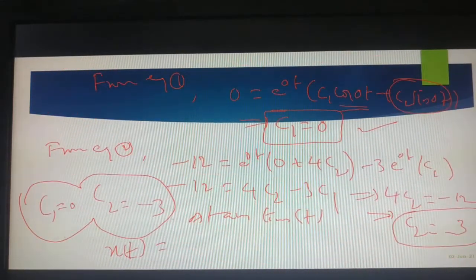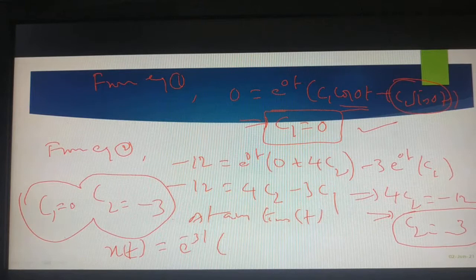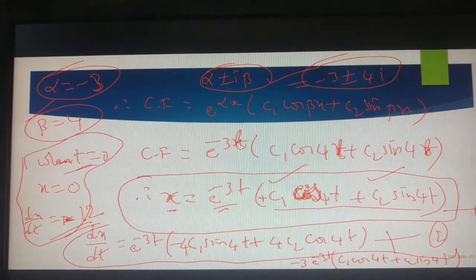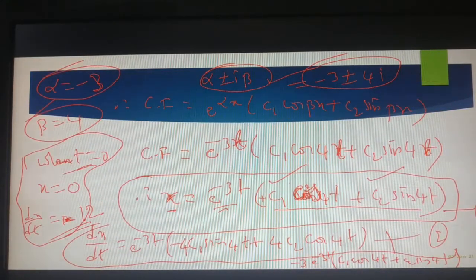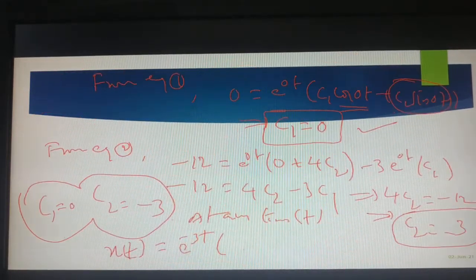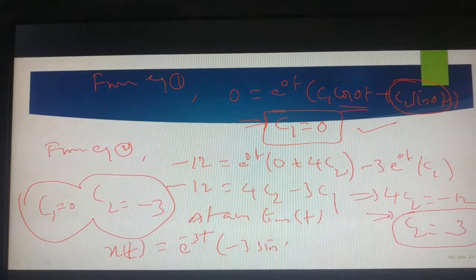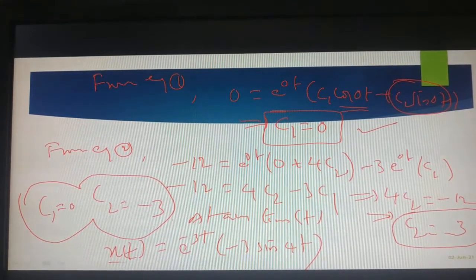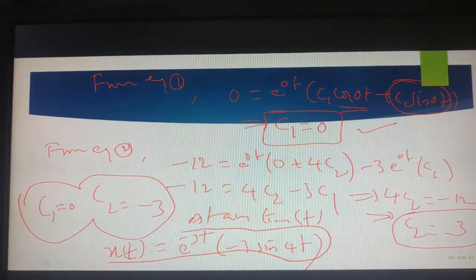That will be e power minus 3t, c1 value is 0, so this will be 0, c2 value is minus 3, so minus 3 sin 4t. So this is your answer at any time t.